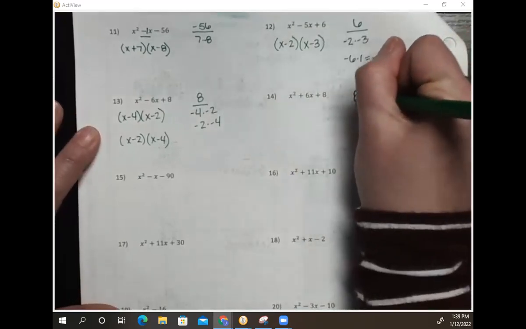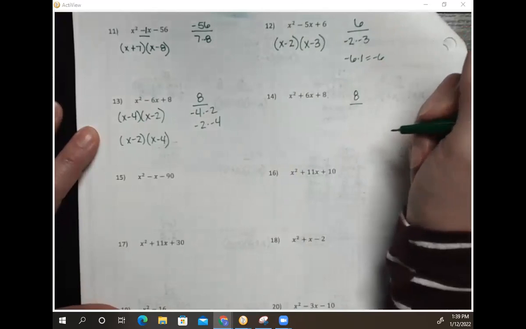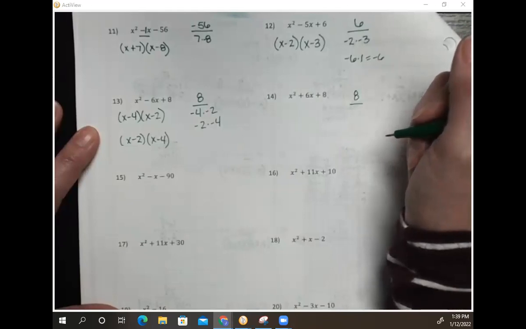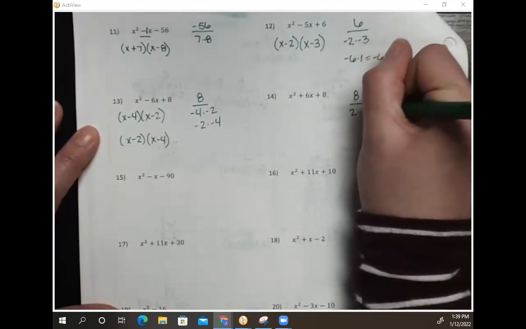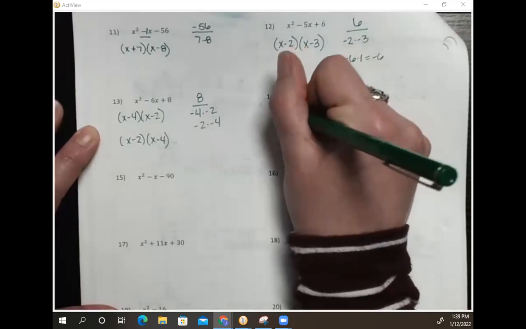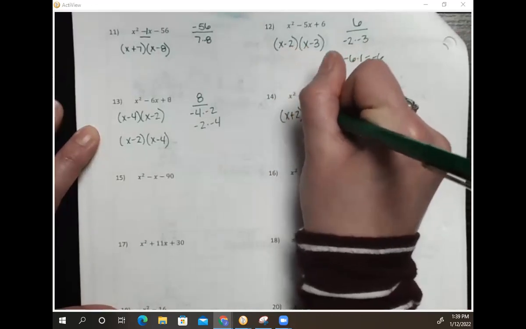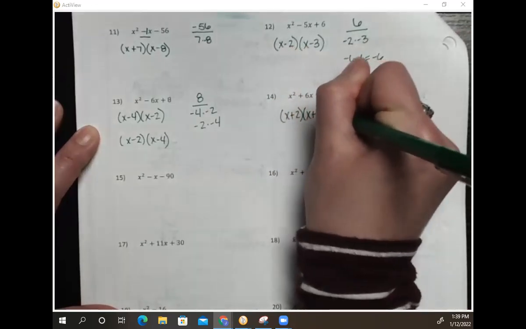For 14, factors of 8 that add to positive 6. I want to add to positive 6 this time. Positive 2 times positive 4. So this would be x plus 2 times x plus 4.